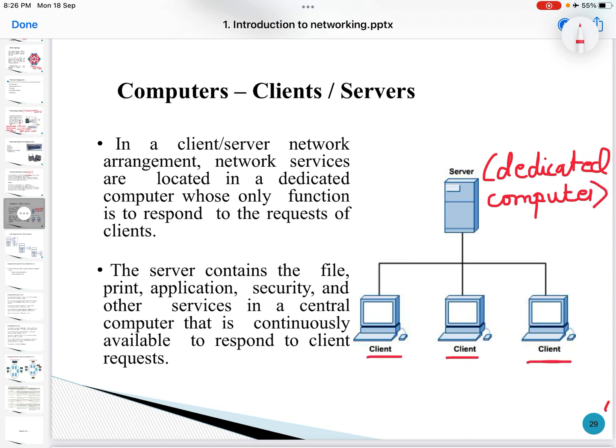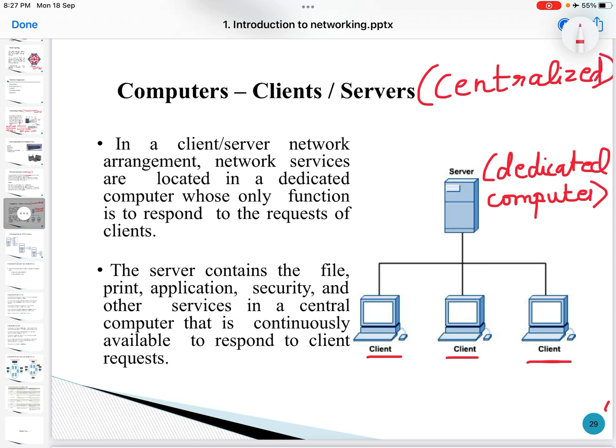The server contains files, print, application, security and other services in a central computer. So client server is a centralized system.